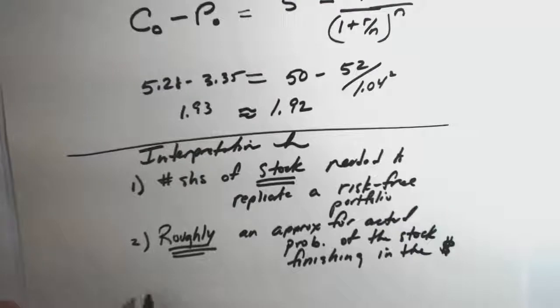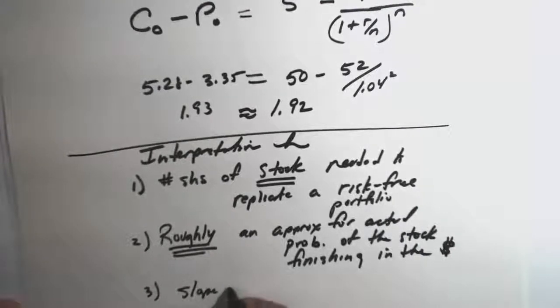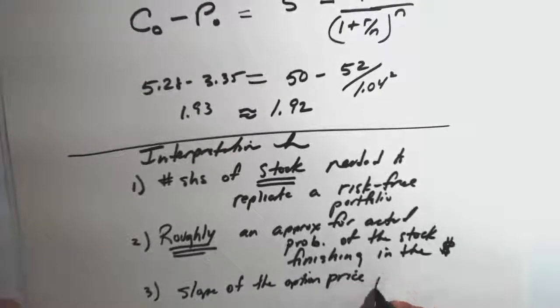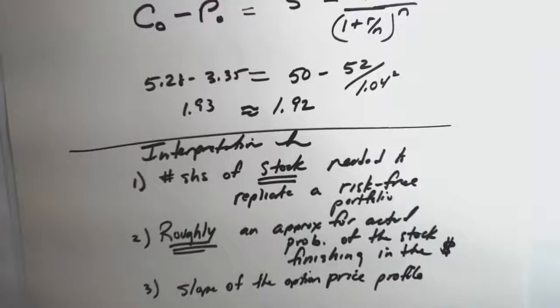The third way to interpret H is it's the slope of the option price profile. Now, I occasionally use that word profile. This is what I mean.